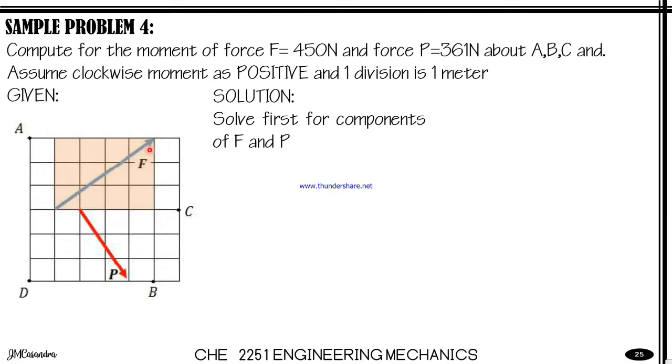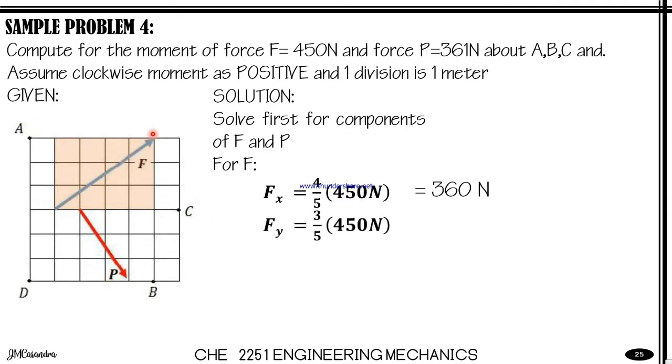So with that, we can now solve for the x component of force F as 4/5 times 450, which is 360 newtons. And for Fy, that is 3/5 times 450, which is equal to 270 newtons.